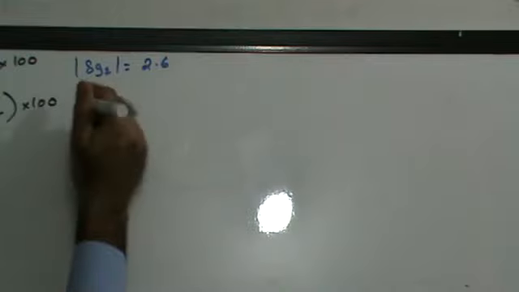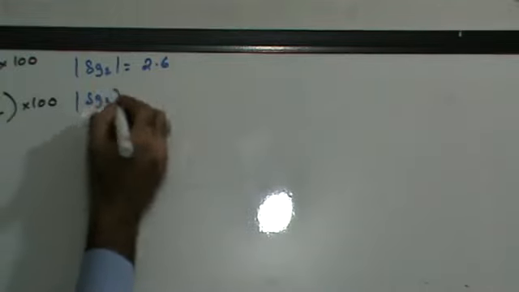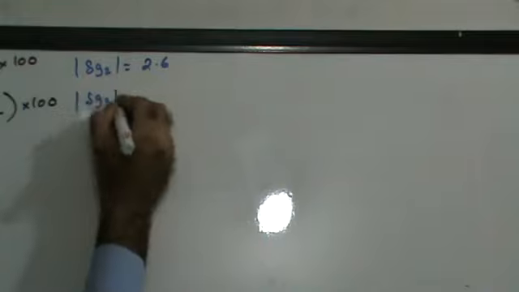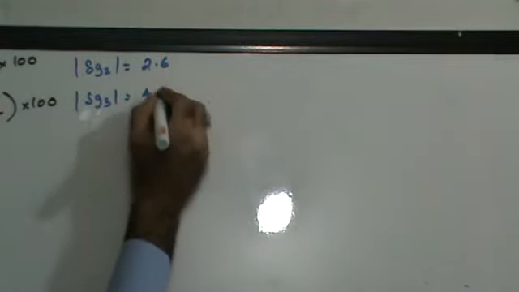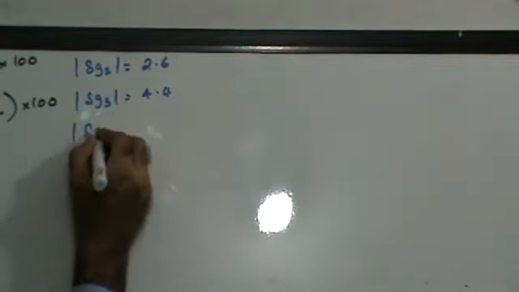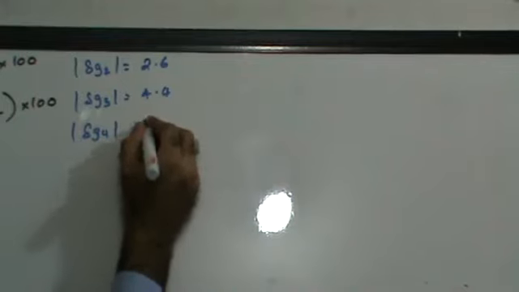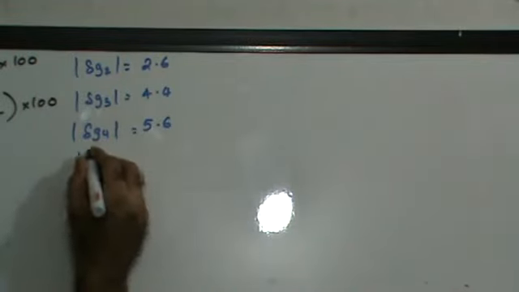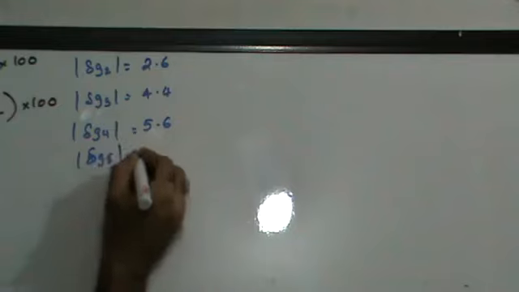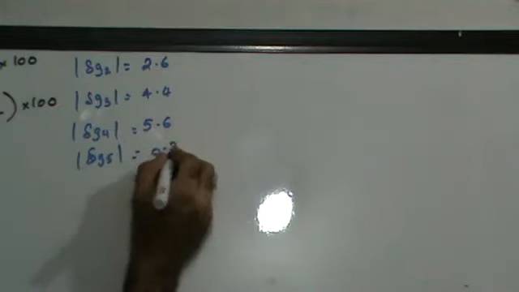Absolute error in G3 is going to be 4.4. Absolute error in G4 is 5.6. Absolute error in G5 is 0.3. So thus you have the absolute errors.